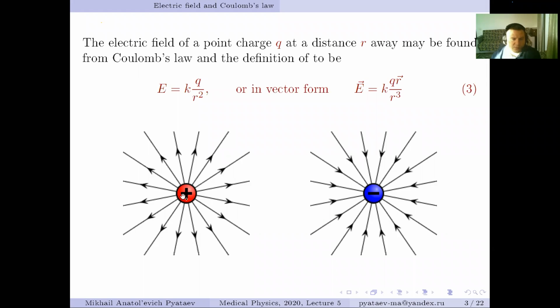For the case of a point charge, the shape of these electric lines is very simple. They start at the point charge if it is positive and go to infinity as straight lines. And if the charge is negative, they start at infinity and go to the point where the negative charge is. So the picture is simple.